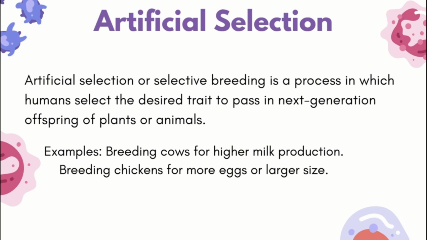So basically, artificial selection, or selective breeding, is a process in which humans select the desired trait to pass to the next generation of offspring of plants or animals. And this is what I was talking about before. We're talking about natural selection and artificial selection and even genetic engineering.